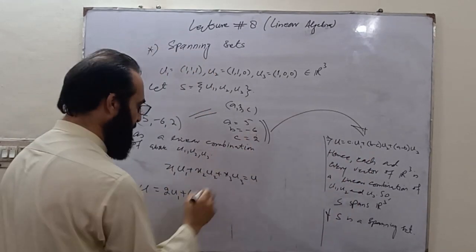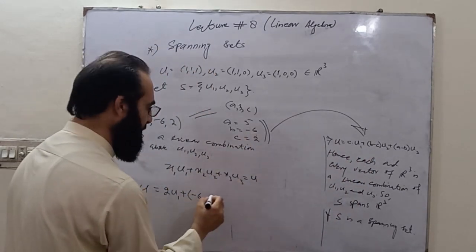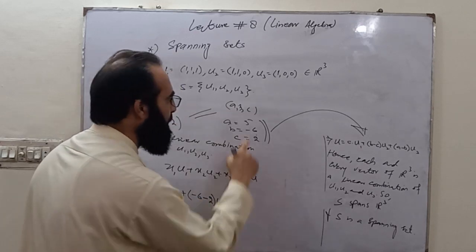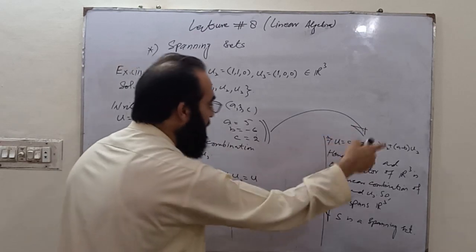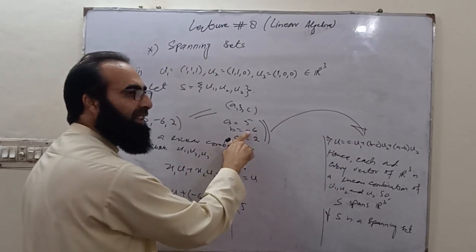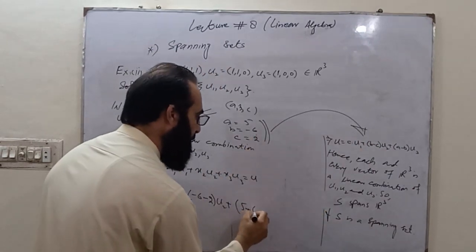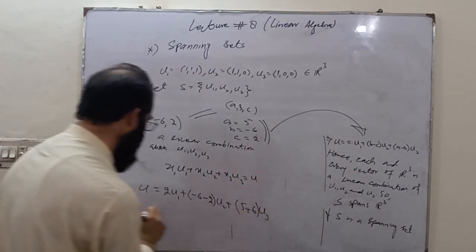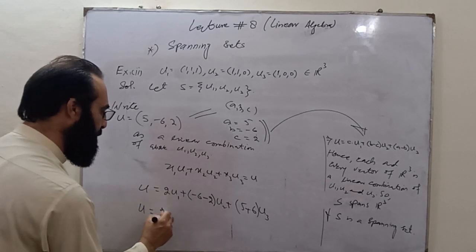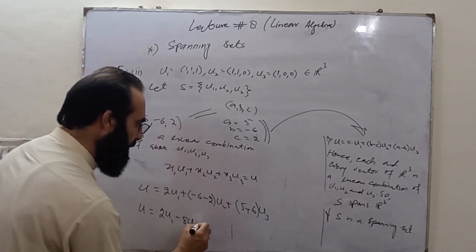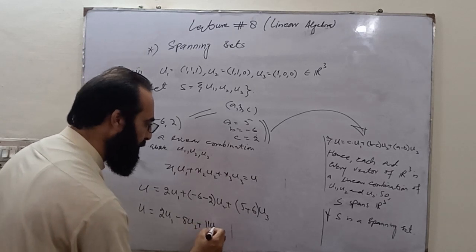The value of b is minus 6, minus the value of c, which is 2, into u2, plus a minus b. The value of a is 5, minus b, and the value of b is itself negative, so that minus will make it positive, plus 6 u3. So u will be 2u1 minus 8u2 plus 11u3.